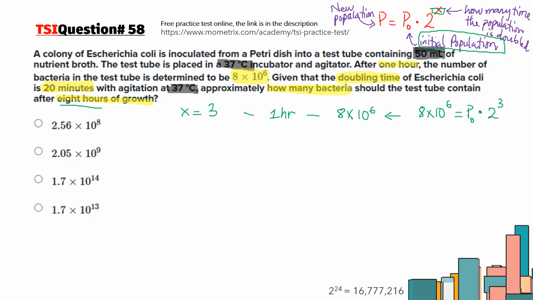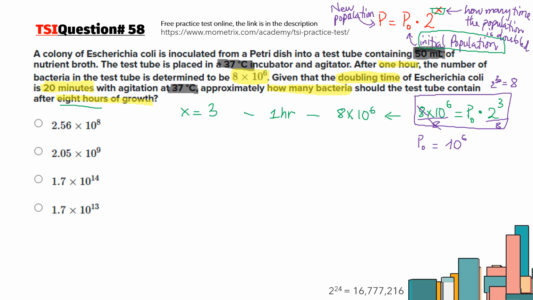Based on this clue, we can find P naught by dividing both sides by 2 to the power of 3, which is 8. So we divide both sides by 8, and P naught is 10 to the power of 6, canceling that 8.